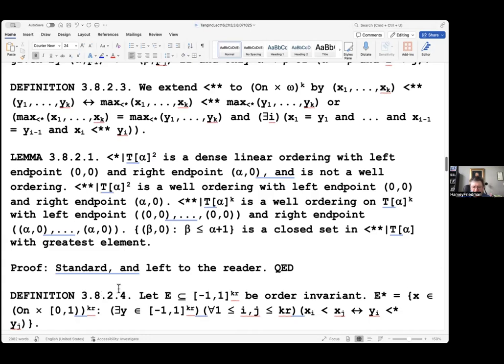Okay, and now the set of all beta comma 0, this is important, the set of all beta 0 such that beta is less than or equal to alpha plus 1, is a closed set in less than double star slash T alpha with greatest element alpha comma 0.